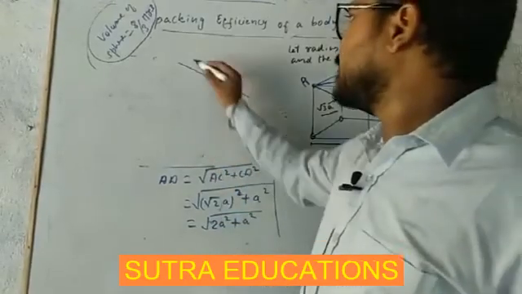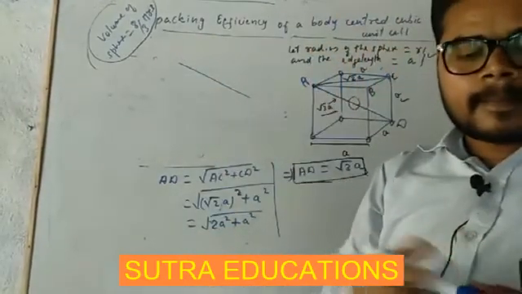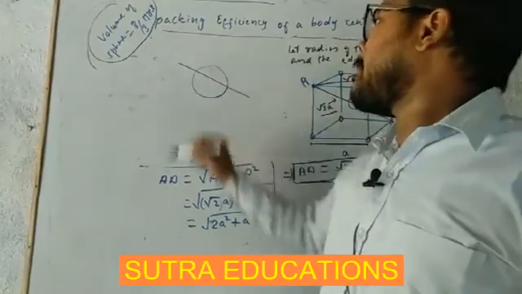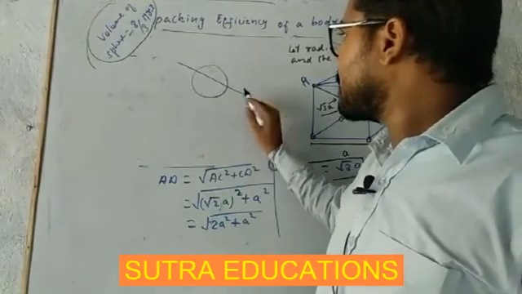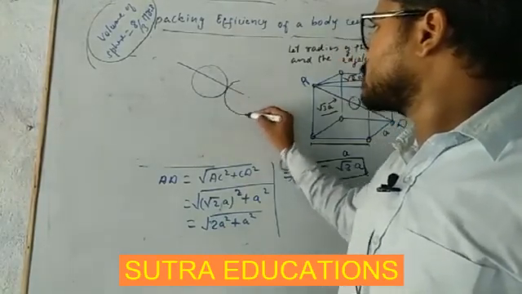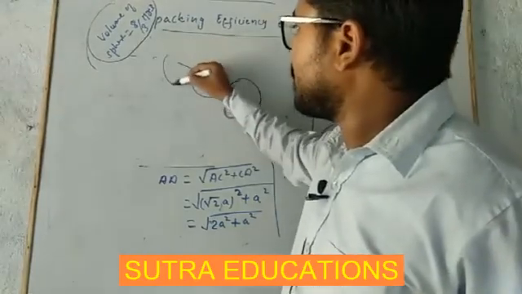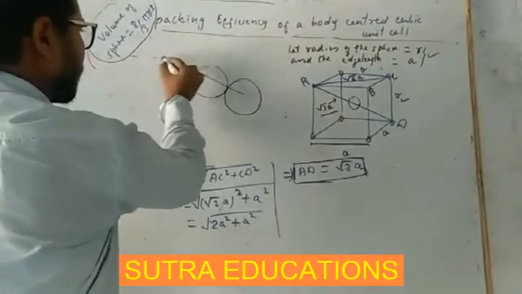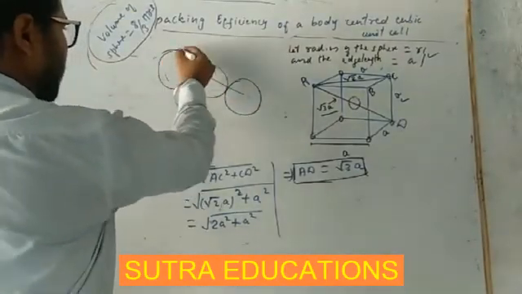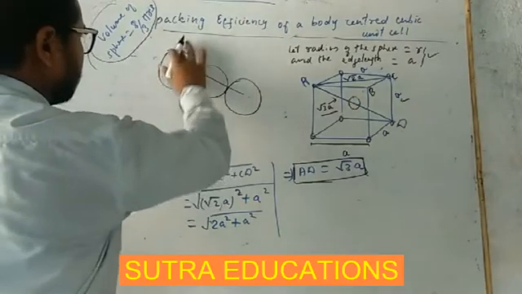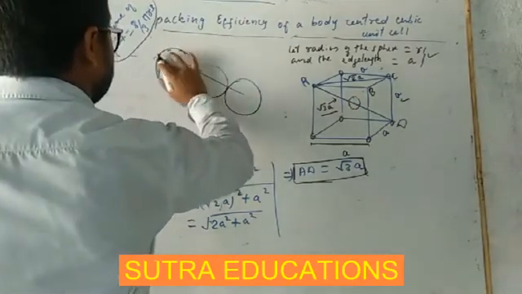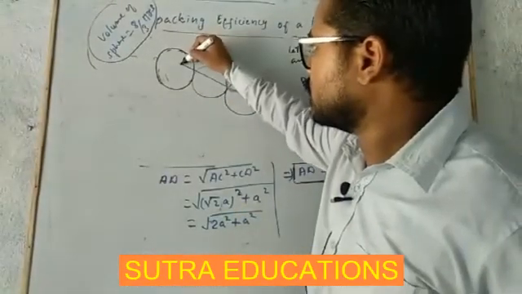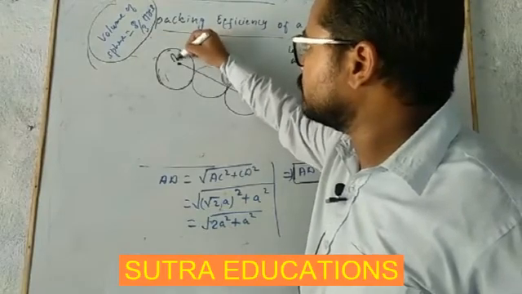Body diagonal is AD. This is A, this is D.